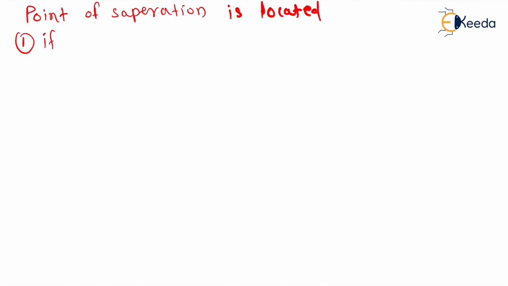So let us see, point of separation is located: first case, if du upon dy at y equal to 0 is positive, attached flow.